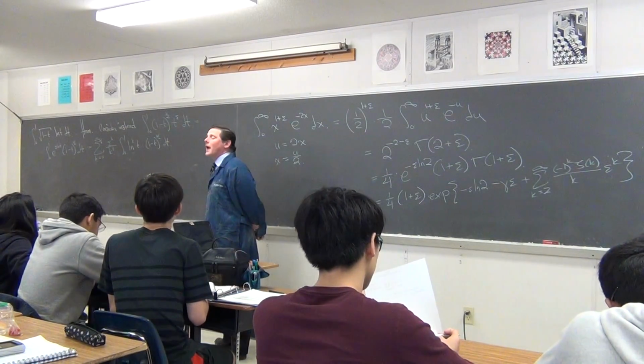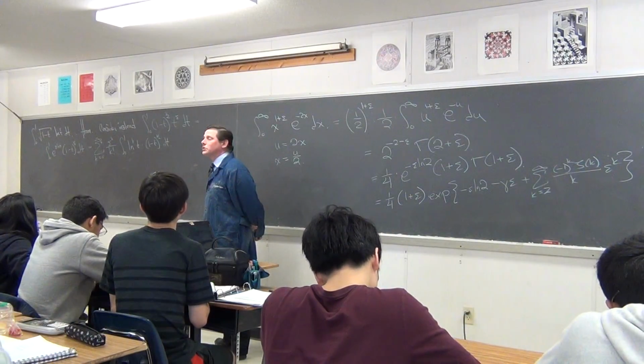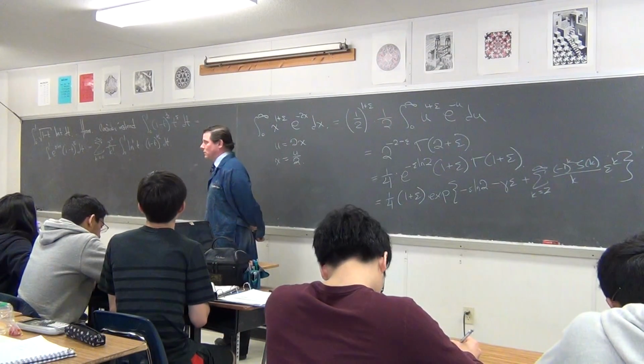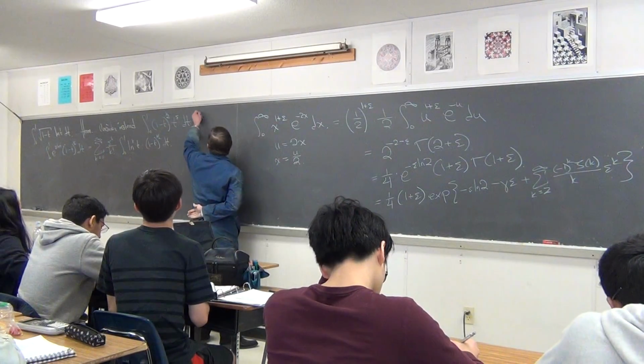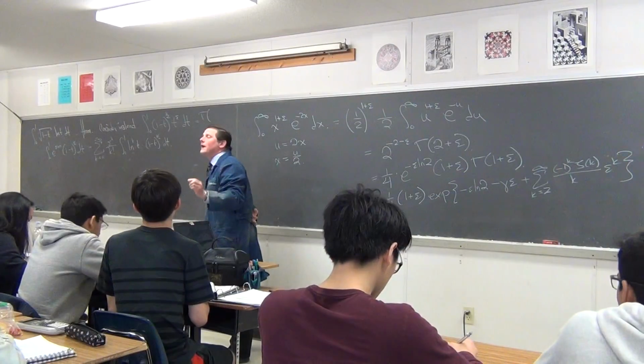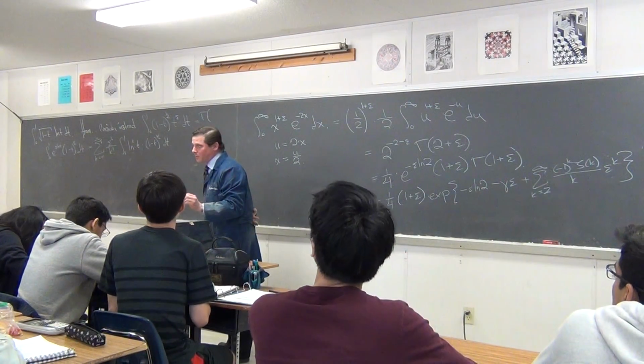So what would you say about the value of this integral as it relates to the beta function? So what would this integral be? Gamma. You always add 1. That's the part that people miss.